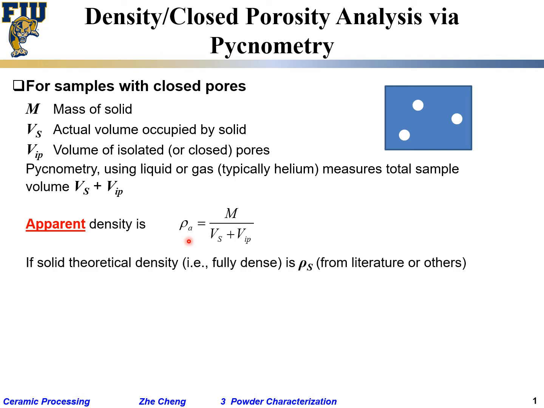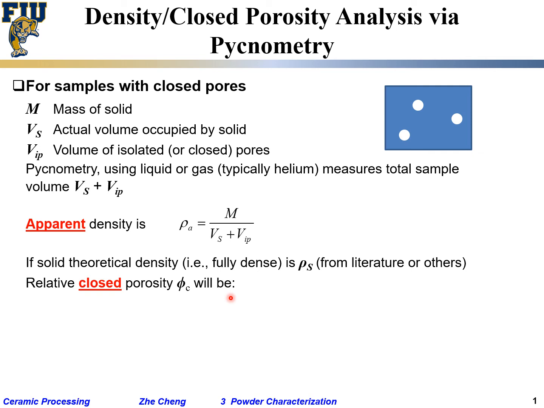Then, if we know the so-called theoretical density from literature, or if you have a fully dense sample you measure, whatever, if we know the theoretical density rho S, then we can calculate the so-called relative closed porosity, phi C, C for closed porosity.